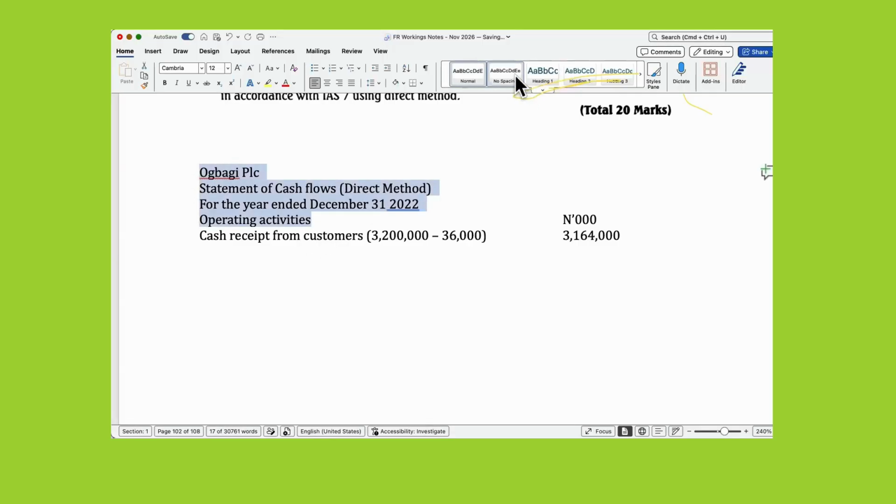Good afternoon, sir. The question I have is, you said that the reason we are deducting the increase in trade receivables from the sales revenue is so that we can get the actual cash sales for that year. But since there was accumulated trade receivables, does the 3.2 million not include the accumulated receivables, or is it just the cash?